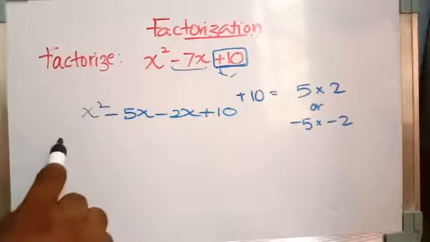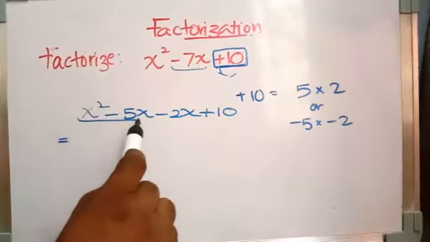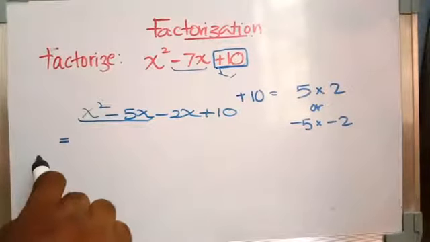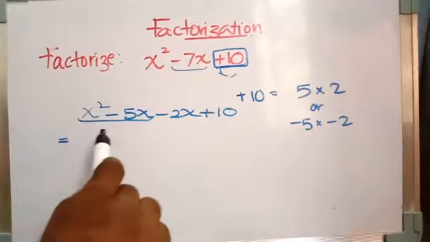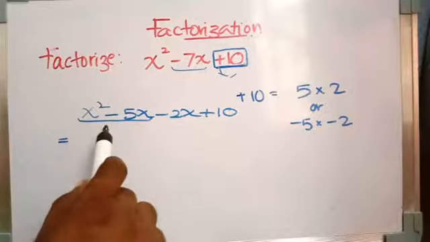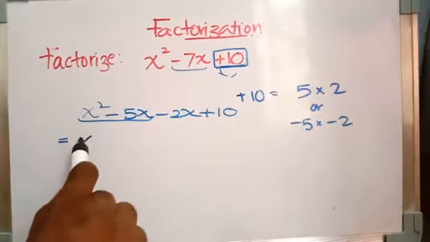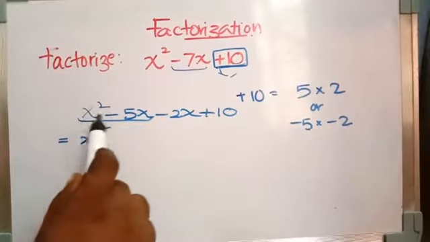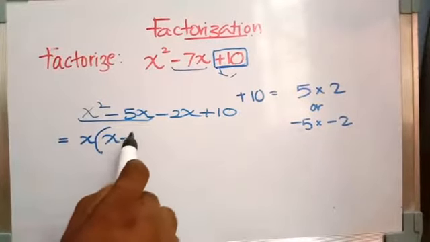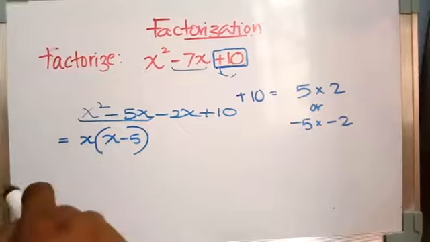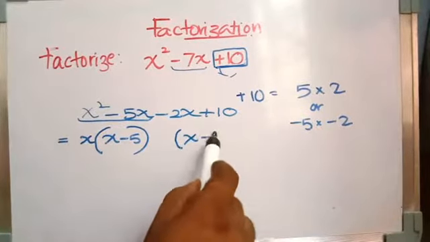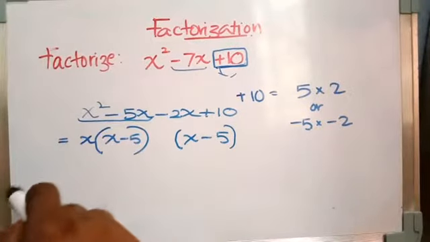Okay, so now, similar to our previous method, take the first two terms as a group and take a common term from the group. What is the common term? Yes, x is the common term; if you take x as common, the remaining is x minus 5. So here also we want x minus 5 in the bracket.